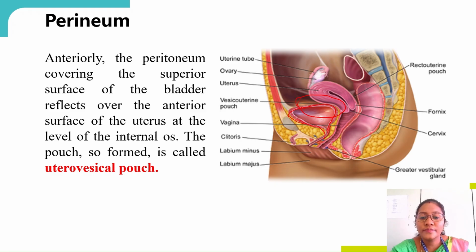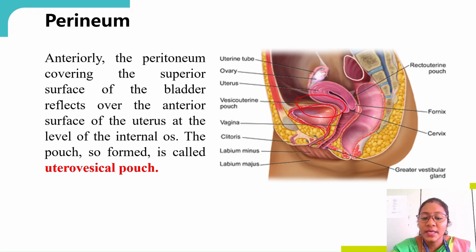Anterior to the vesicouterine pouch is the anterior surface of the uterus. The uterus is placed in between the bladder and the rectum. The uterus is somewhat anteverted over the bladder, so in the anterior region the vesicouterine pouch has part of the superior border of the bladder and the anterior surface of the uterus at the level of the internal os.